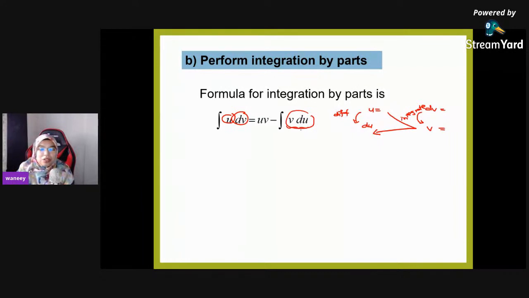Okay, so the rule of thumb is that whenever we are using integration by parts, our v du should be much easier to integrate compared to whatever we start with, u dv. So masa kita start u dv tu, it might be a little bit complicated, but when we are using v du, it should be quite easy to integrate. Maksudnya kita boleh pakai basic lah.